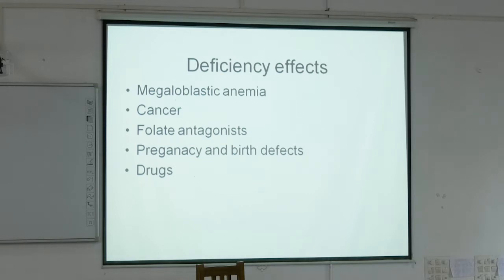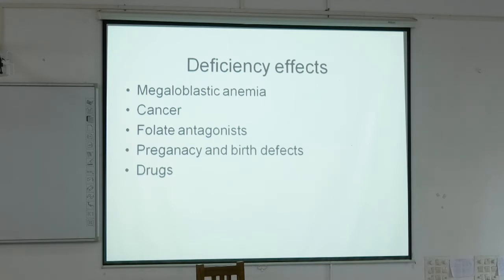Fetus plus mother, both need folic acid, so the requirement is high. That's why the Government of India has made a rule that iron and folic acid tablets should be given to all pregnant ladies throughout the country free of cost, because iron and folate deficiency is the largest cause of fetal death.